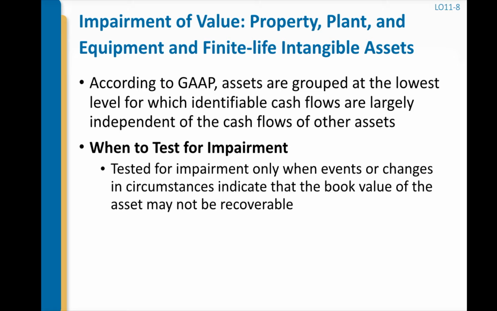I don't even really want to talk about this slide too much, other than when to test for impairment. For these types of assets, equipment and finite life intangible assets, generally only when some type of event has happened that indicates it's likely you're not going to get the book value back of the asset.